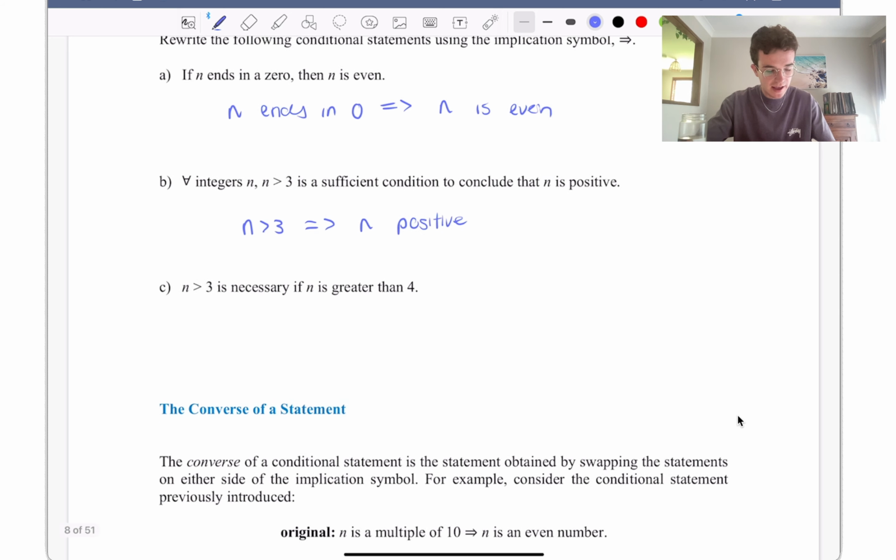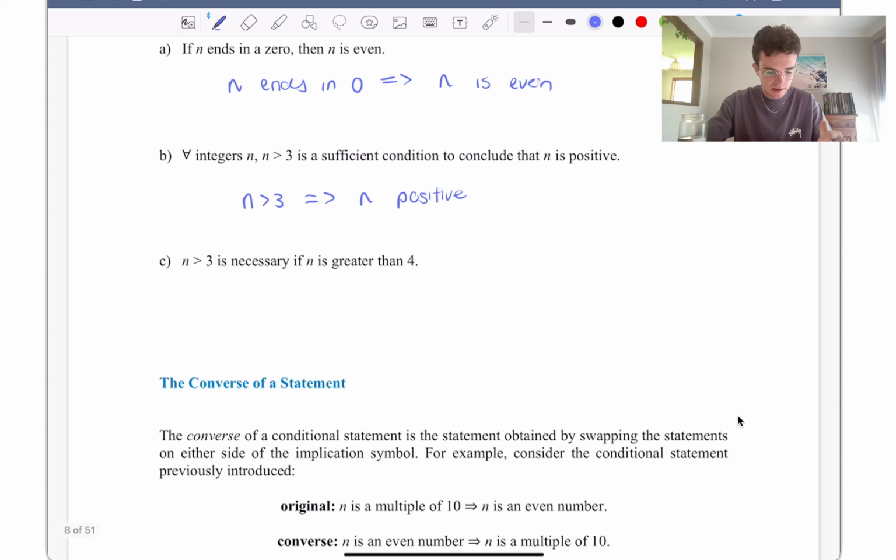And part C, n greater than 3 is necessary if n is greater than 4. So that's saying that if n is greater than 4, then n is greater than 3. So n being greater than 4 implies that n is greater than 3. We can't say that the opposite way around is true.